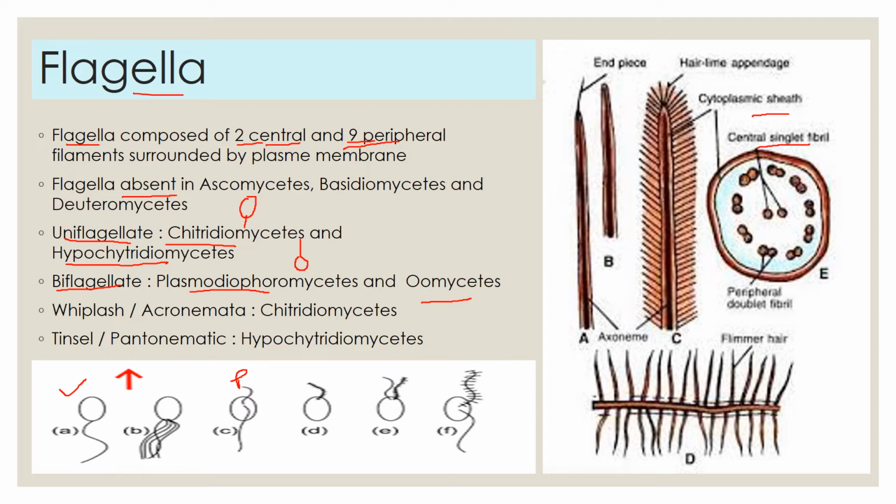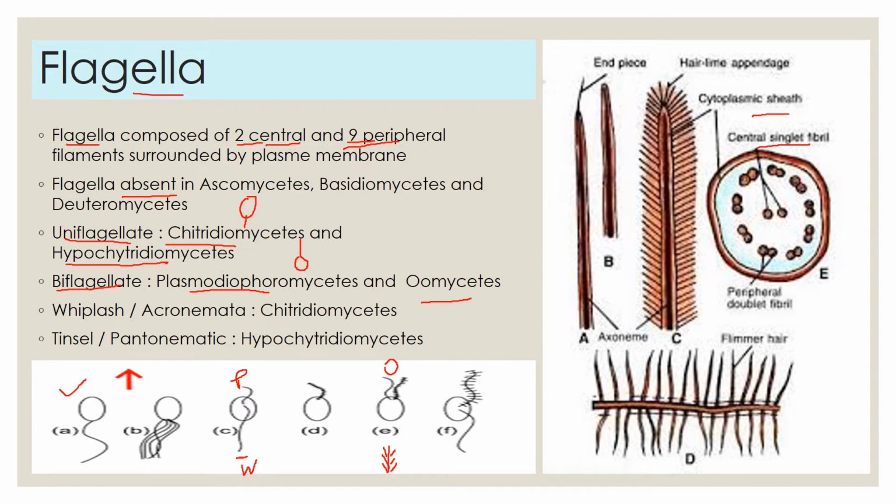And the oomycetes also have two flagella, also anteriorly placed, but the flagella are of two types. Here in plasmodiophoromycetes both the flagella are whiplash type, that is plain and simple, and in oomycetes they are tinsel and whiplash type. This is the tinsel.